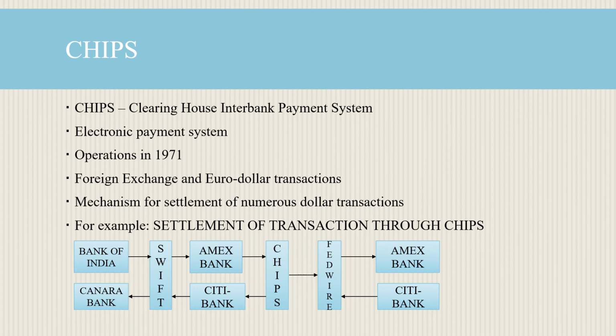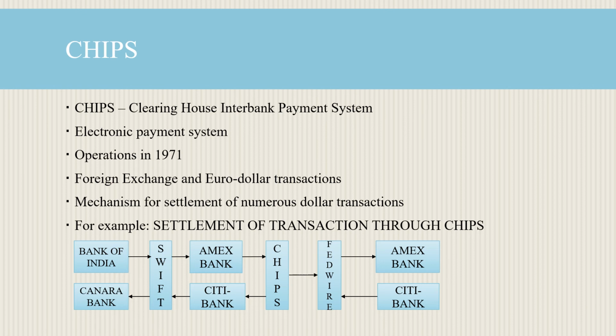CHIPS again communicates to the Fedwire. Fedwire is a communication network which communicates this message to the Federal Reserve Bank. The Federal Reserve Bank is the ultimate bank from where we get these funds.